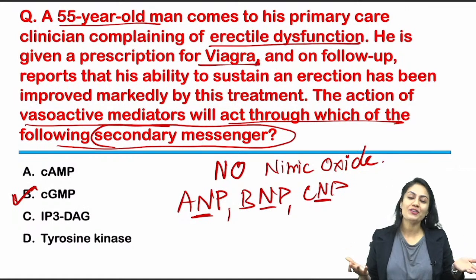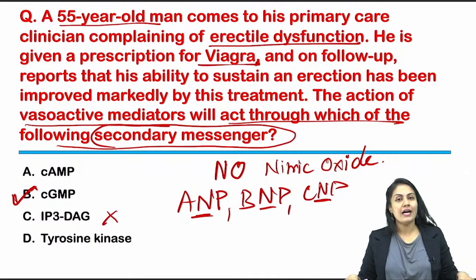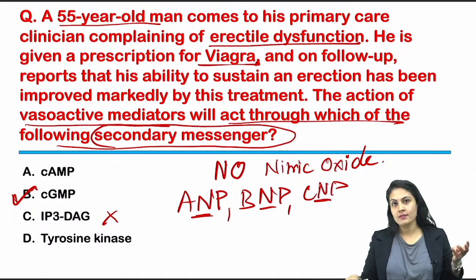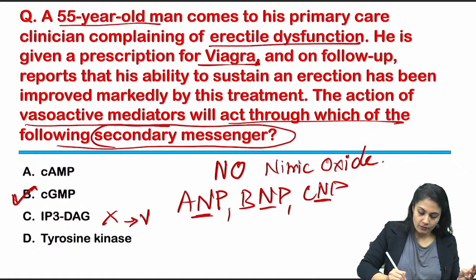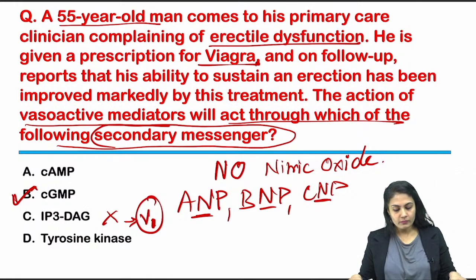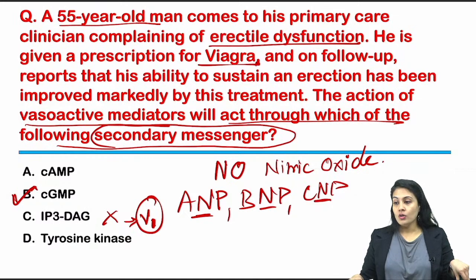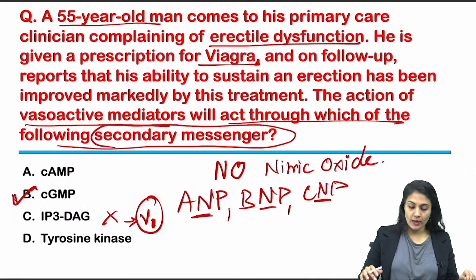We are not doing any contraction there, so it won't be the IP3-DAG. IP3-DAG are usually the contractile ones like oxytocin, angiotensin 2, vasopressin, especially the V1 receptor for vasopressin. So the answer about nitric oxide, again, integration is very important, is not cyclic AMP but cyclic GMP, right?